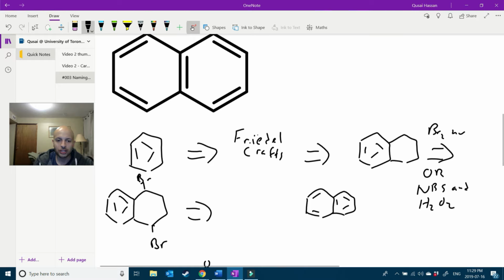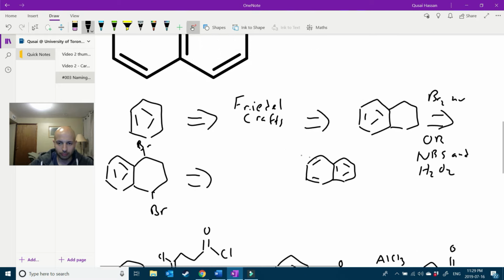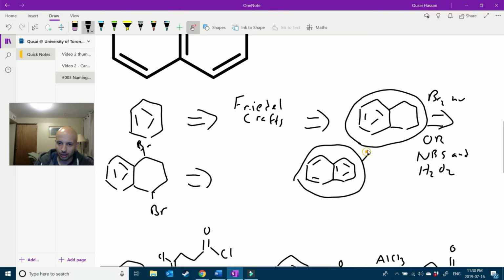But this was really hard to start from behind, right? This wasn't actually a retrosynthetic analysis. I actually went forward, but you have to imagine, okay, if I'm starting from here, then I have to somehow get that ring attached, so I have to go through this. Now, to go from here to here, there are intermediate steps.